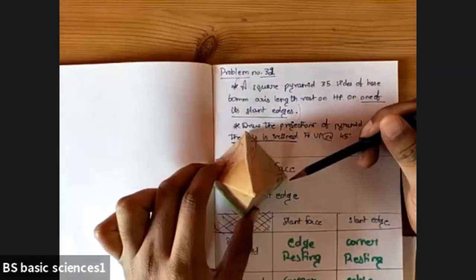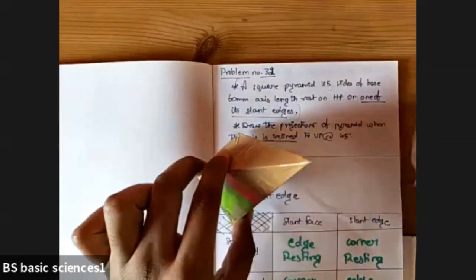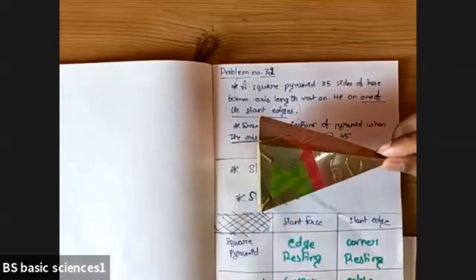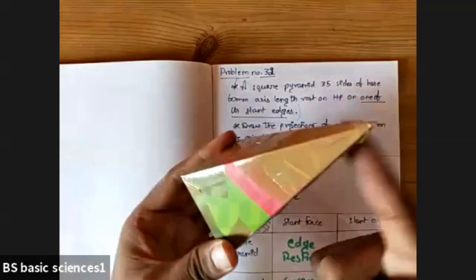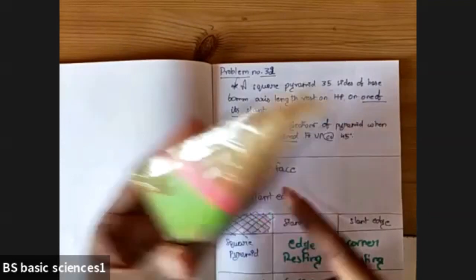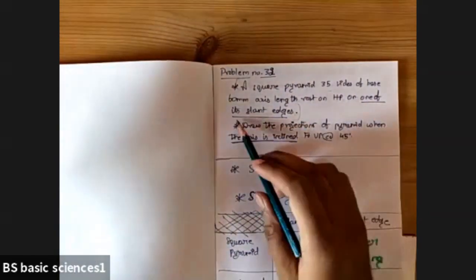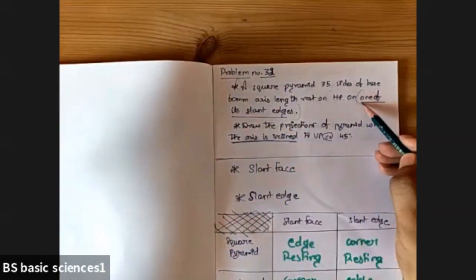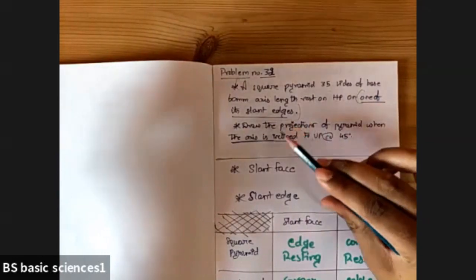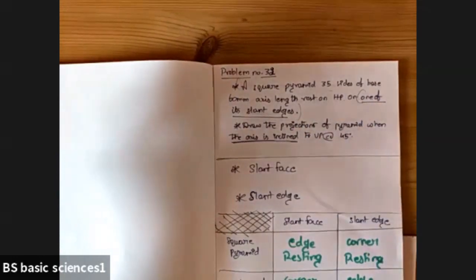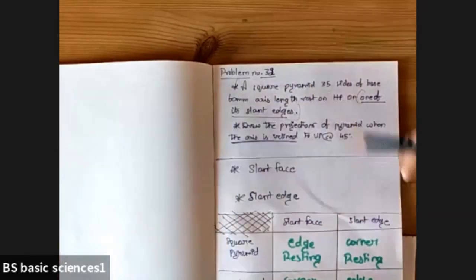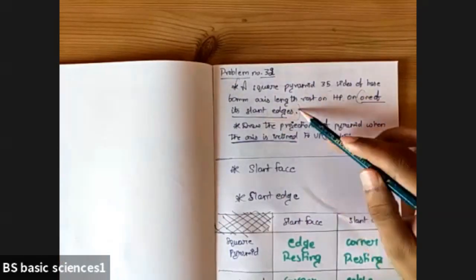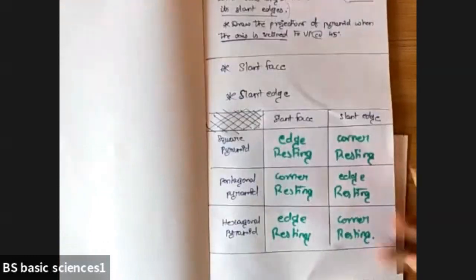If you place it with respect to one of the corners, then when you start inclining or placing it on HP, you'll be placing on one of the slant edges. Based on this condition, one of its slant edges, you'll be deciding whether it is edge resting or corner resting. So you'll be deciding on the second condition, that is one of its slant edges. See, this tabular column I'll be giving you.